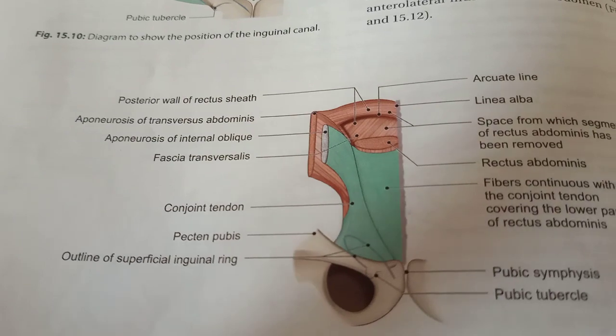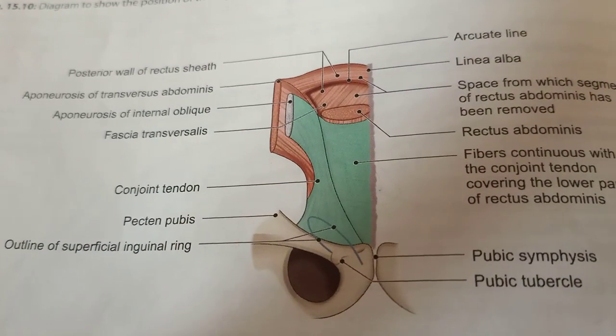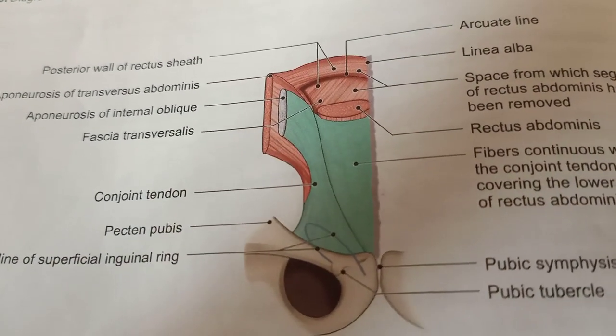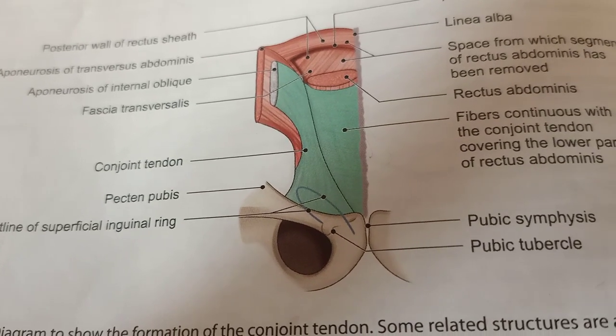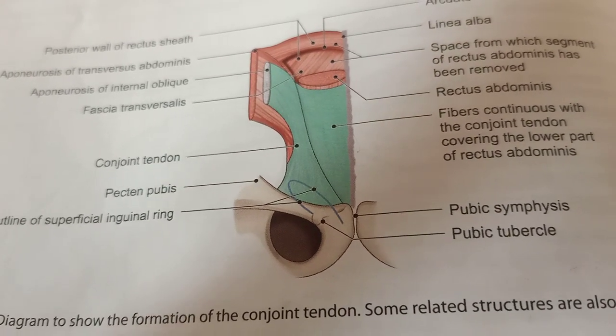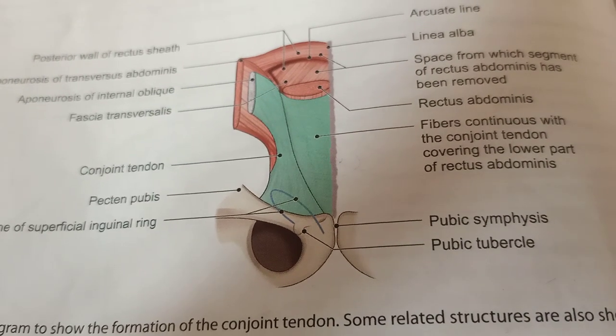So the conjoint tendon is formed by the lowest aponeurotic fibers of the internal oblique and transversus muscle.